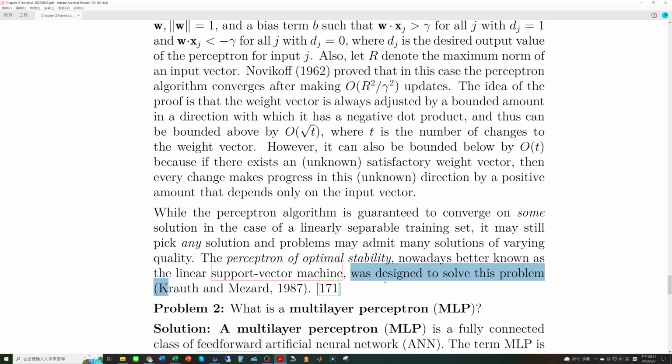Please see Krauss and Mazur in 1987. So we have briefly introduced what the perceptron is.